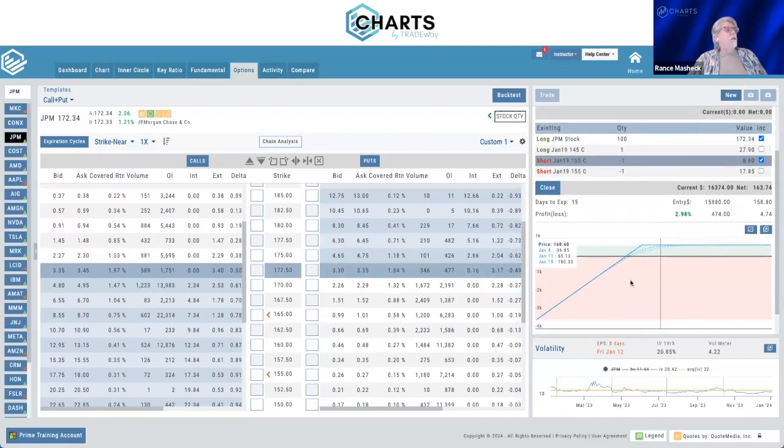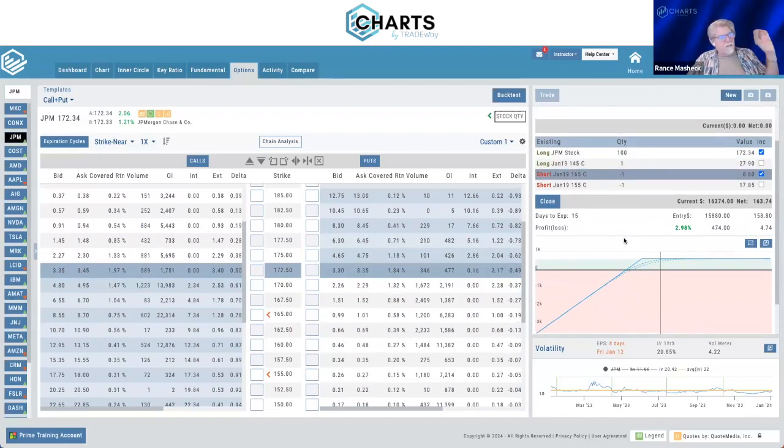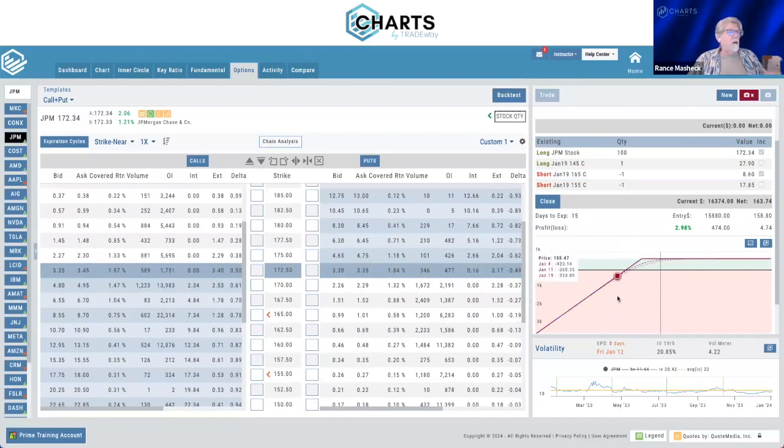If you're going to look at making an adjustment on a trade, and this isn't just for this one, this is any of this, if I have an existing position on and I'm going to make an adjustment to it, once you have that position up, take a snapshot. You can compare multiple trades. In this case, I'm going to take a snapshot of my covered call as it sits right now. Now, let me look at making an adjustment to this.